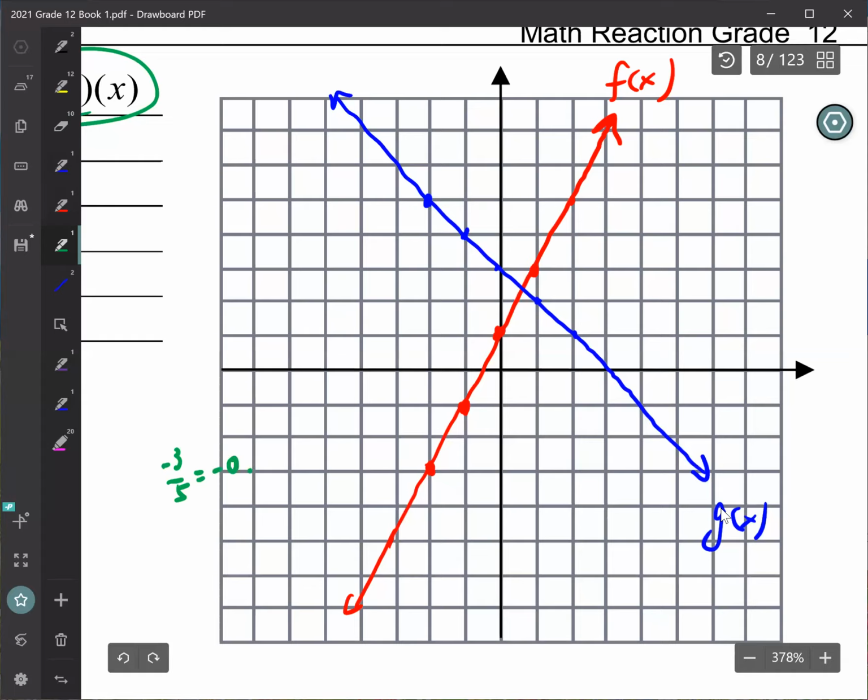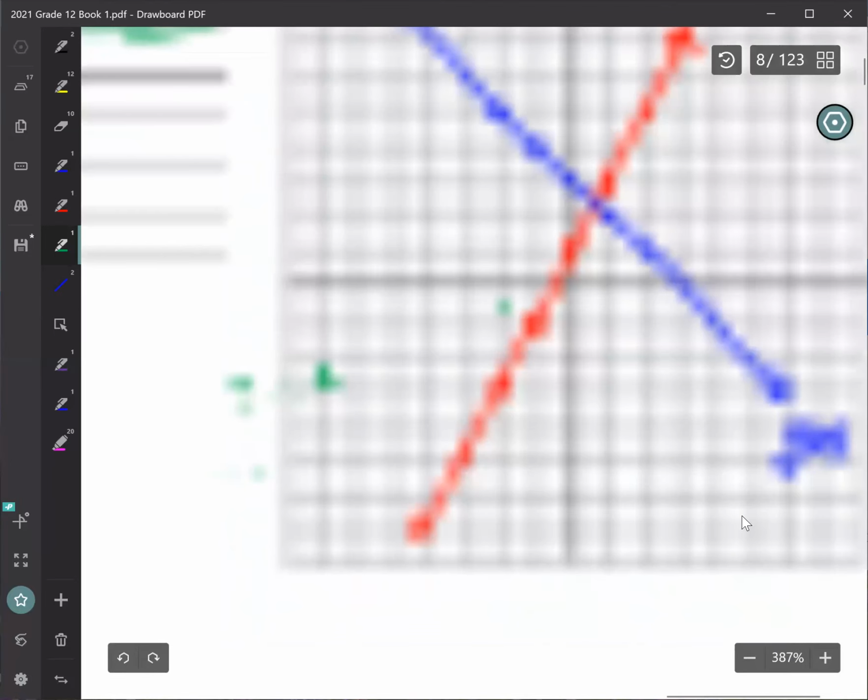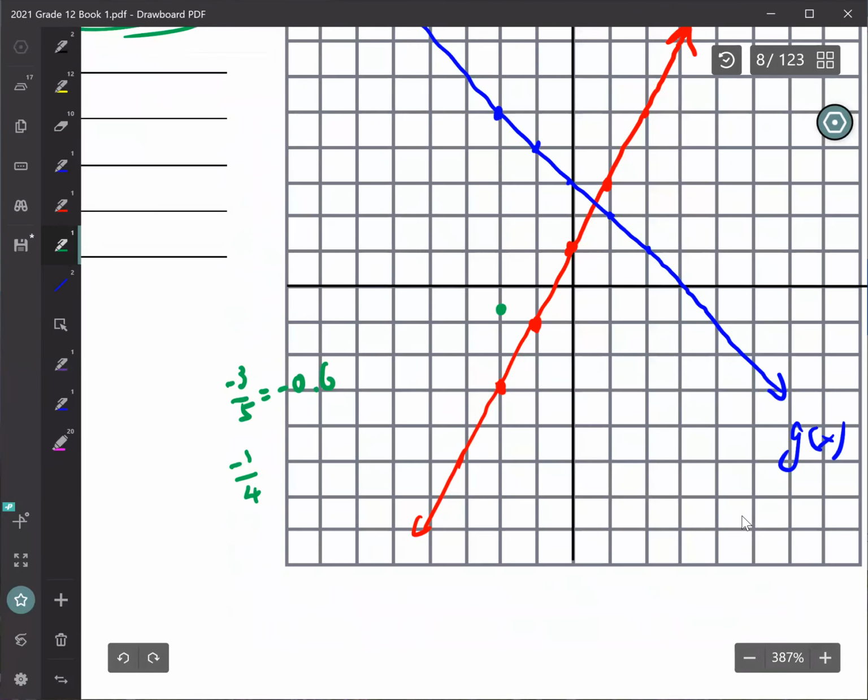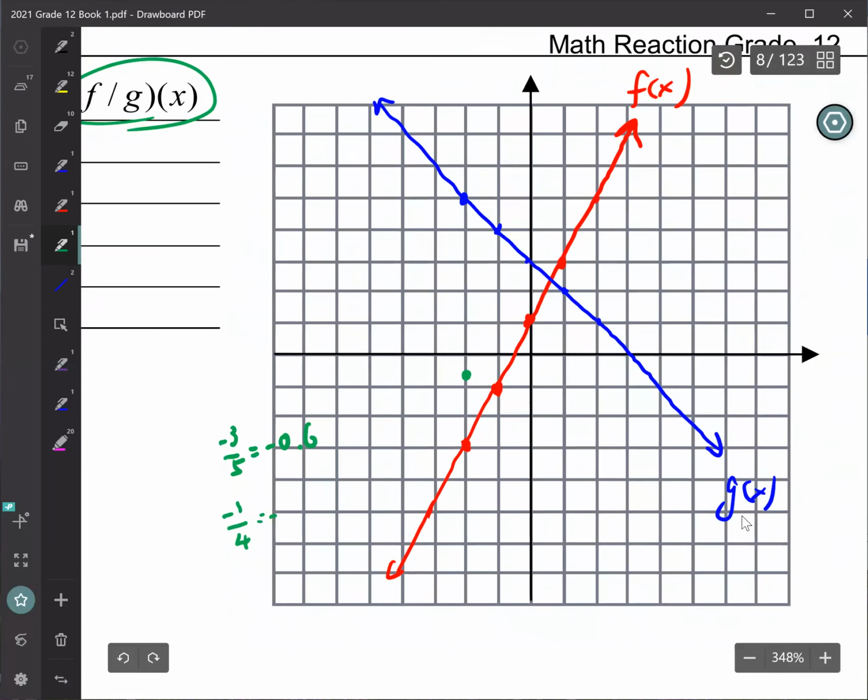Negative 0.6. So negative 0.6 will be down here. Then the next point is -1 over 4. This one is negative 0.25, this one is easier, a quarter. So a little bit higher then.